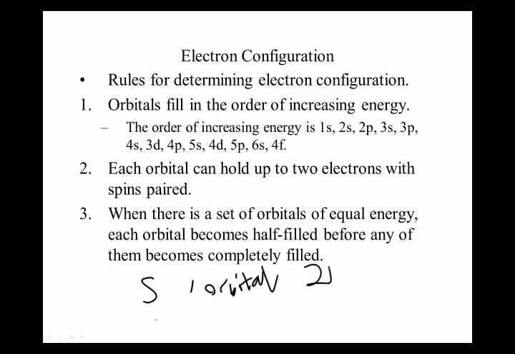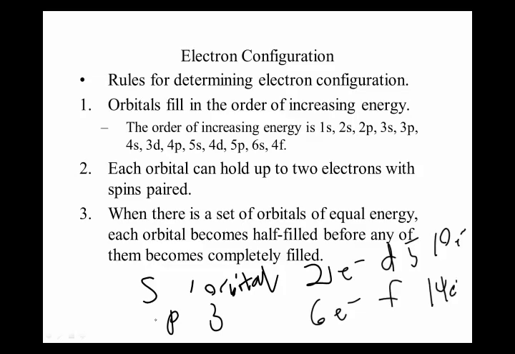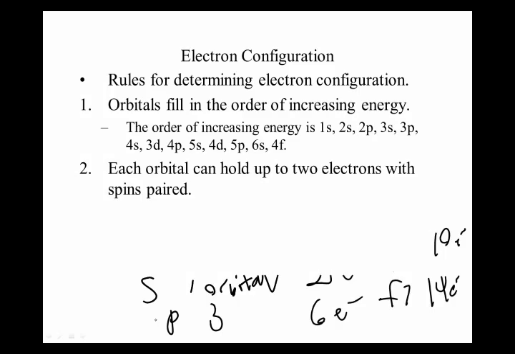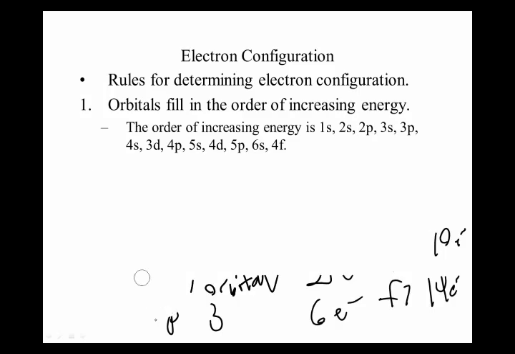P's have 3 orbitals, so they cap out at 6 electrons. D's have 5 orbitals, so they cap out at 10 electrons, and f's have 14 electrons for their 7 orbitals. If you can remember the order, which I'm going to show you how to remember, it's very easy to write an electron configuration.